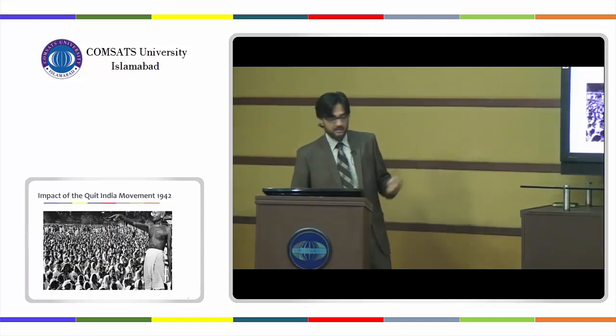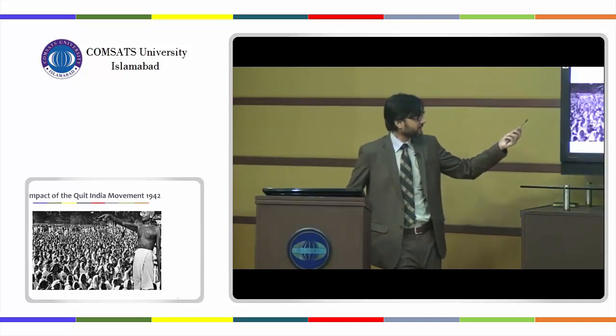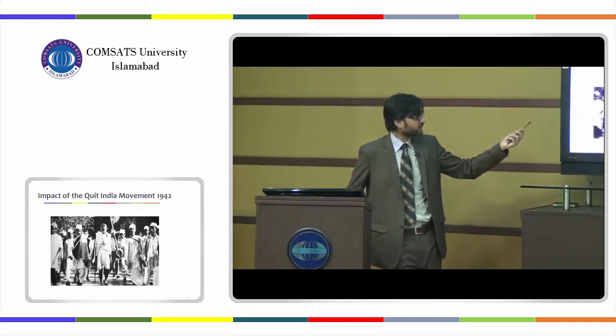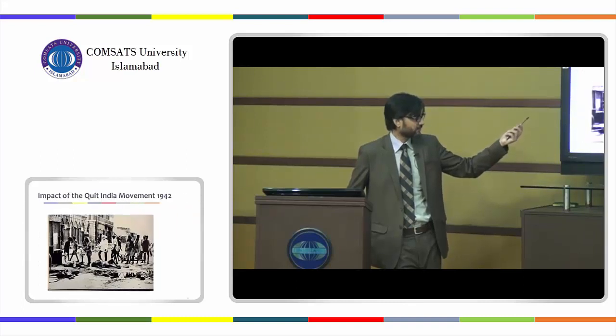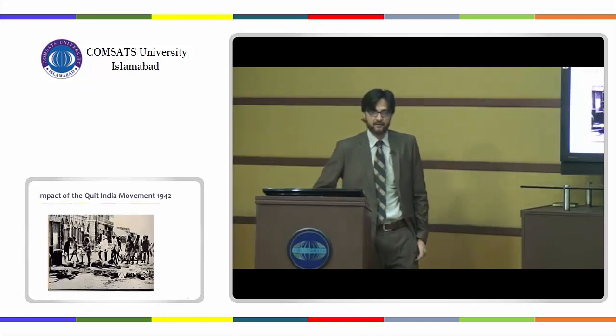Now the impact of the Quit India movement, right? You can see these pictures. Mass contact movements were started, and Gandhi and these leaders were quite furious about the role of Great Britain in India.